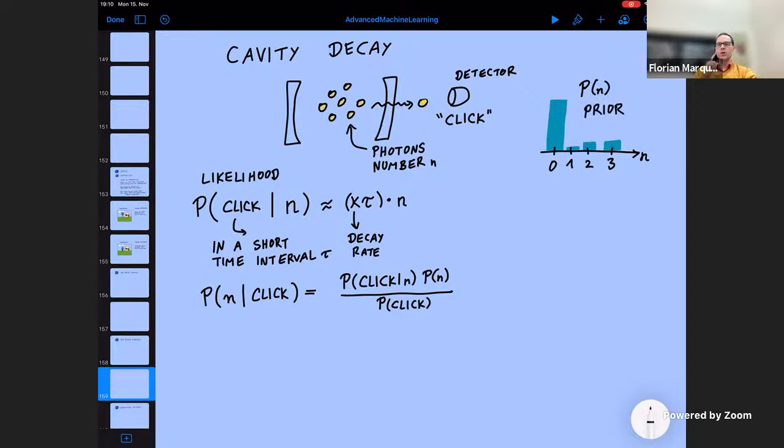Now assume I do observe a click. Well, immediately I have to apply Bayes and I have to update my knowledge. And to be very precise in my language, n is still the number of photons that were there in the cavity initially.